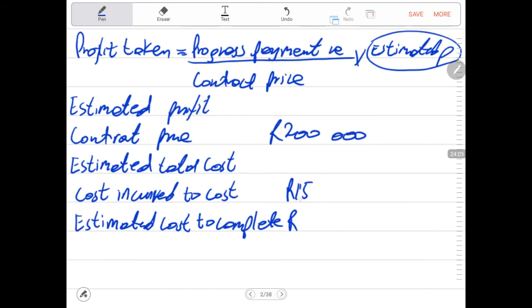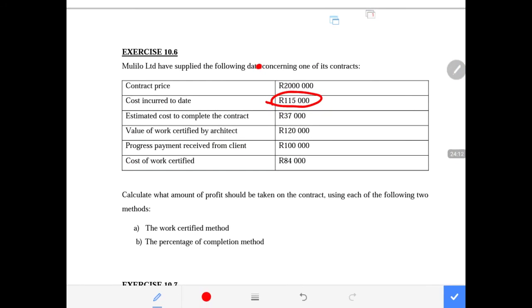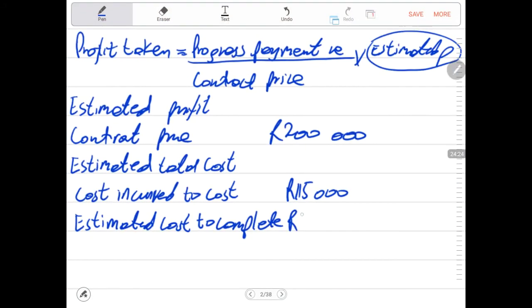These are the costs that we have incurred to date, and we look at the estimated cost to be incurred to complete the contract. We are estimating, or it has been estimated, that to complete the remainder of the work we will incur 37,000 rands.